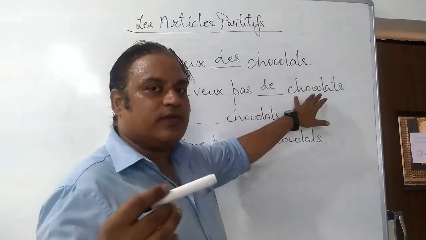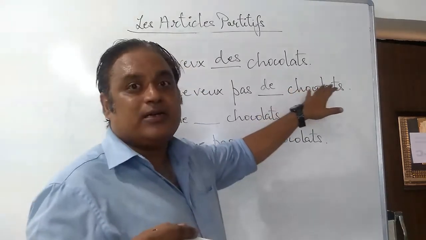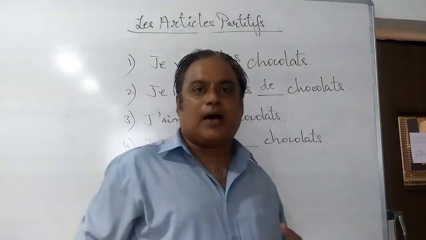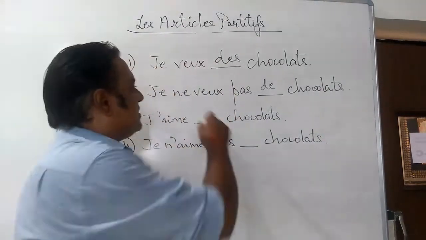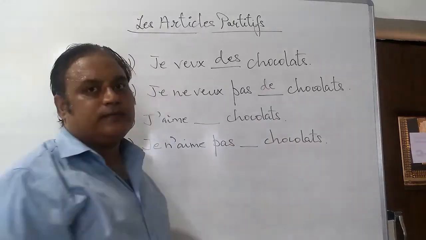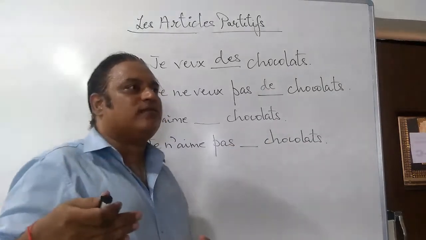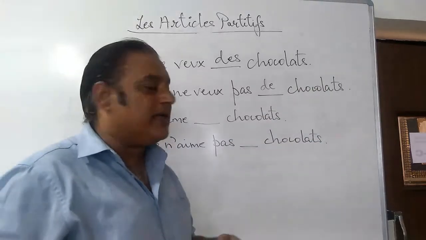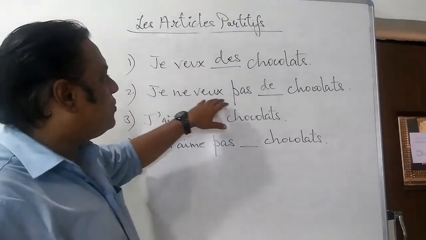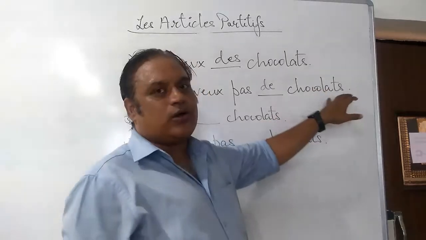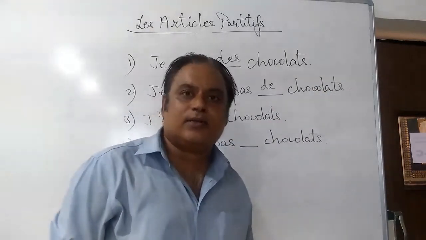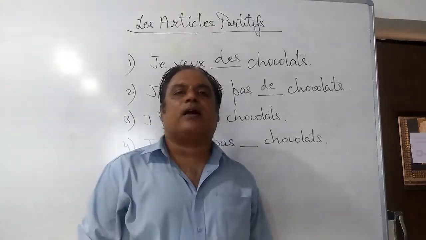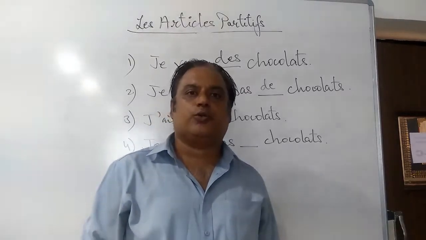But in general, all the partitive articles in a negative sentence change to de. Now, what is the meaning of the sentence? It says, I don't want any chocolates. Now the sentence becomes correct. So remember, all the partitive articles in negative change to de.